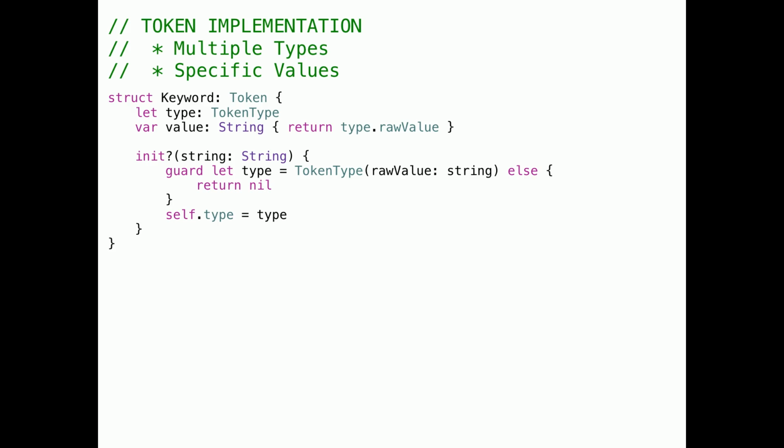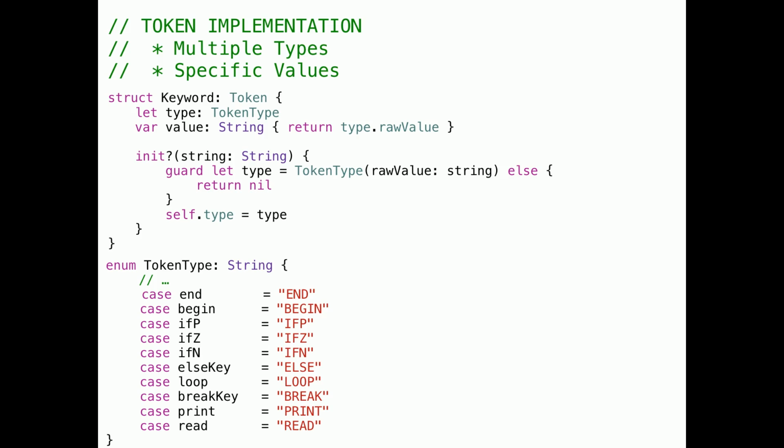But there are more keywords than just the end token. There's the end keyword. There's begin, loop, the various conditional tokens, and IO keywords. So there's different types of keywords. And here's an implementation of that keyword. And what we're doing is we're taking advantage of this raw value that we backed our enumerated type with. So what we do is we expose an initializer, and we say, give us a string that represents a keyword.